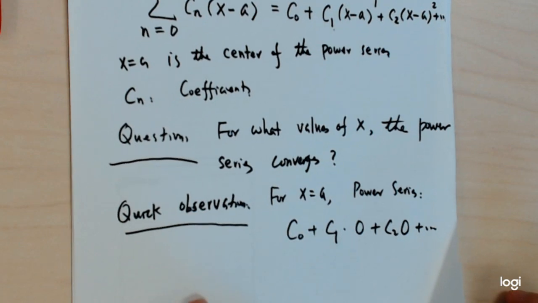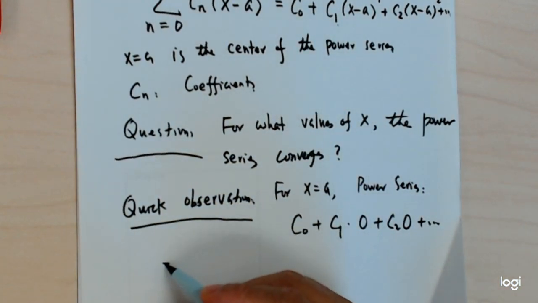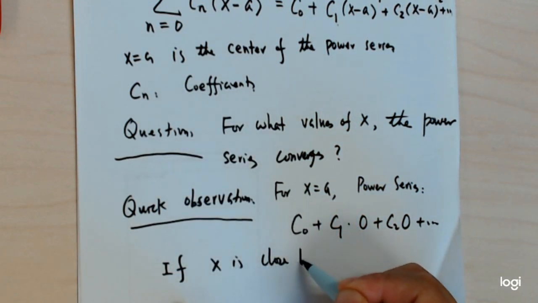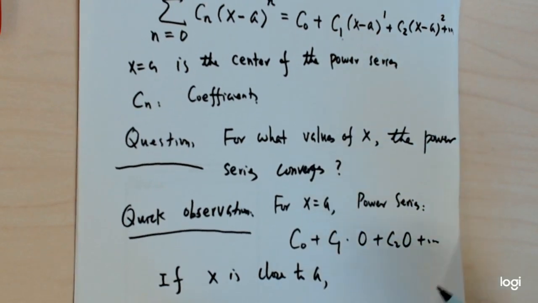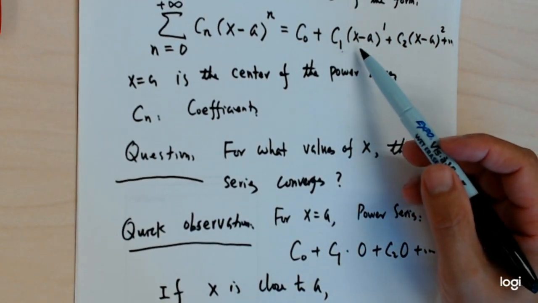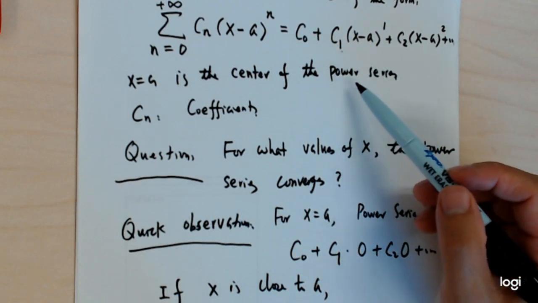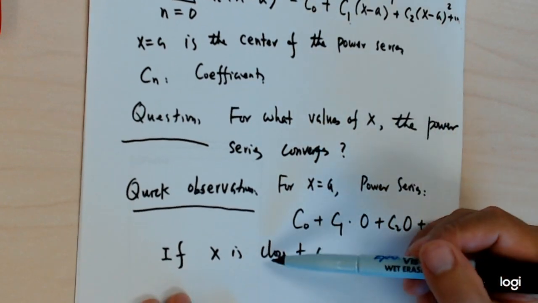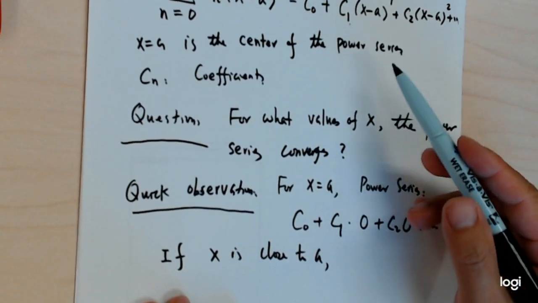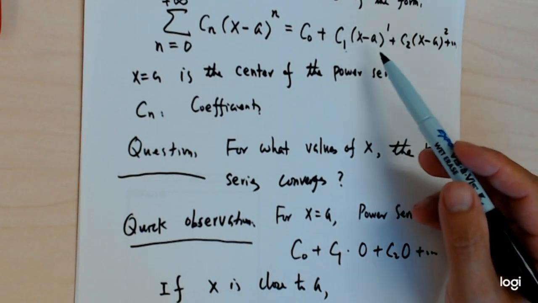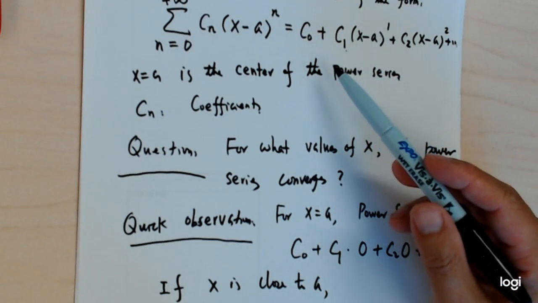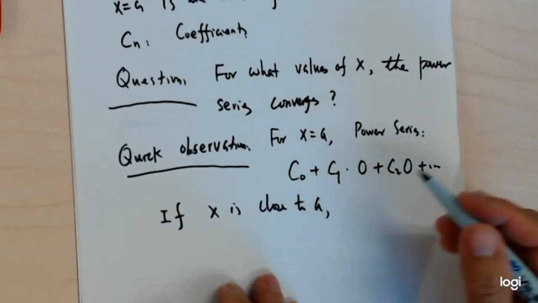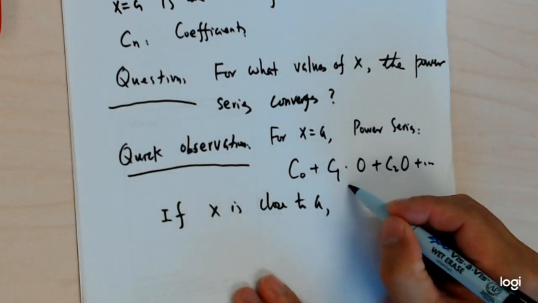We can also picture that if x is a number that's really close to a, those terms will be small. And the power series will have a better chance to be a finite number, or converge. If x is far away from a, which makes this term big, then there is a chance this guy will be divergent. So if x is close to a, better chance to converge.